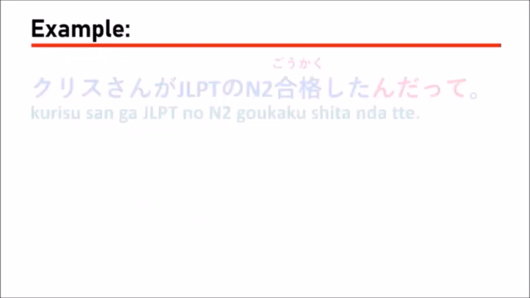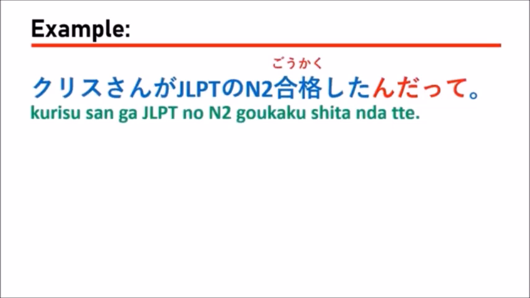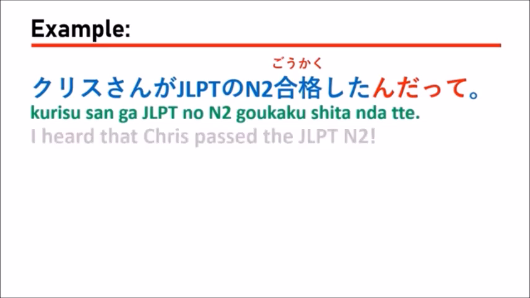The next example: クリスさんがJLPTのN2に合格したんだって。Which means that I heard that Chris passed the JLPT N2.